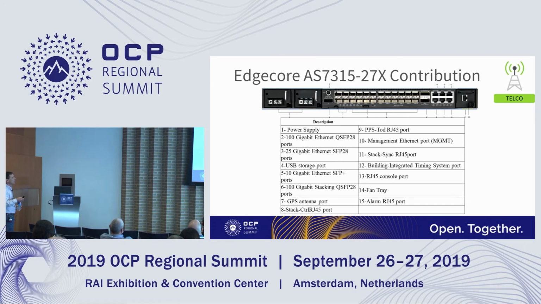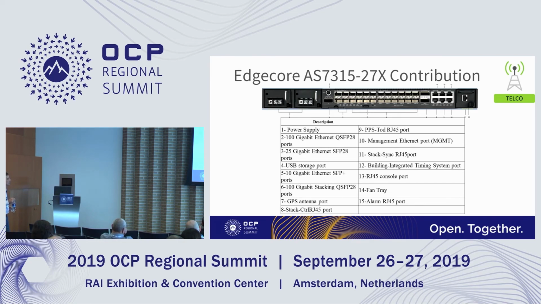So we have some ports on this that are called stacking ports. So you have a stack sync port, a stack control port, and you have 100 gigabit ports that are labeled as stacking. Those stacking control and stack sync ports are over here. So there's ports that carry information from the timing circuits from one device to another.